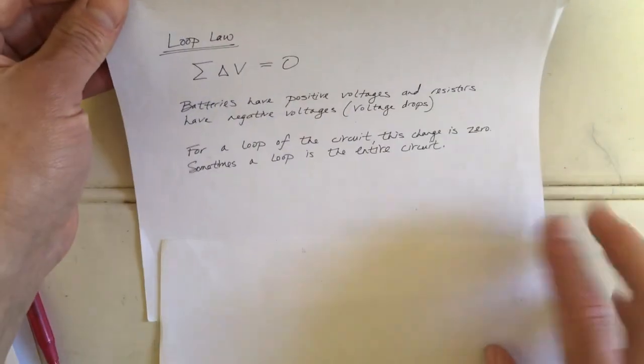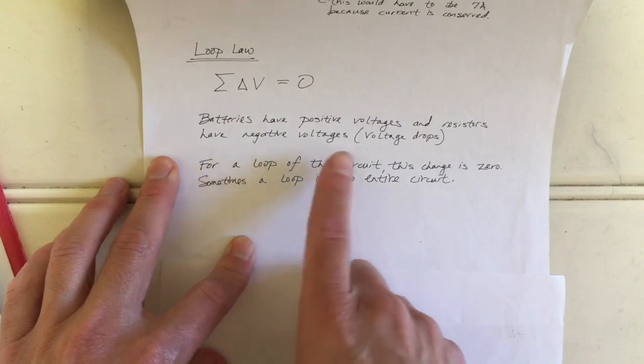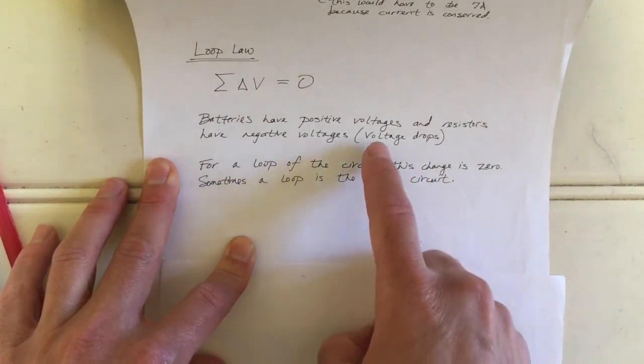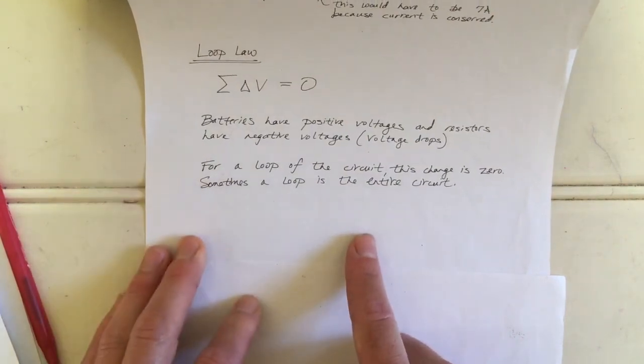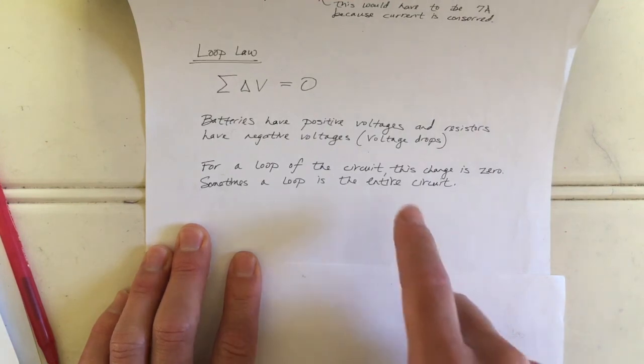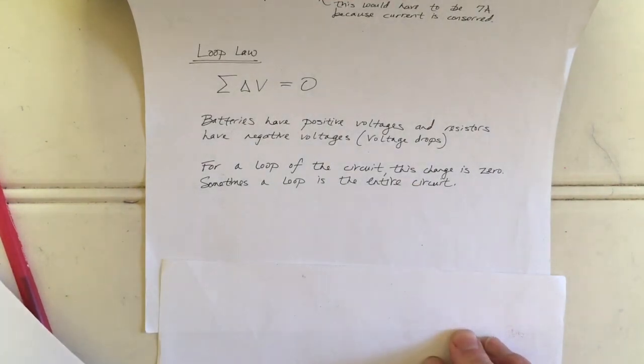Let's look at Kirchhoff's loop law. Loop law just says the sum of the voltage changes must be 0. Batteries have positive voltages, resistances have negative voltages. We call those voltage drops. For a loop of the circuit, this change is 0. Sometimes a loop is the entire circuit, and sometimes it ain't, right? And we saw where today a loop of the circuit wasn't the entire circuit.